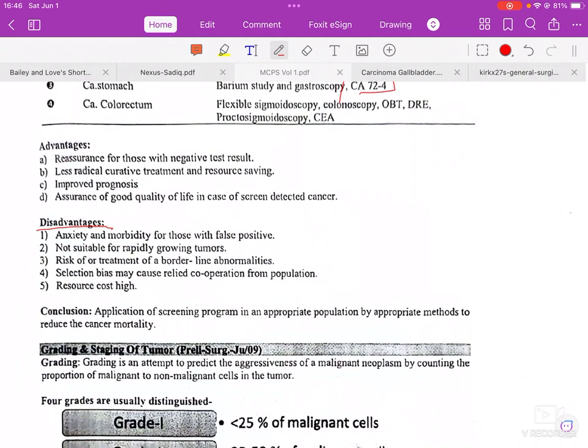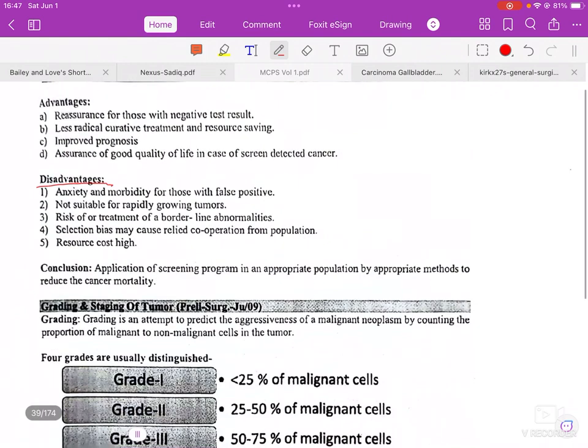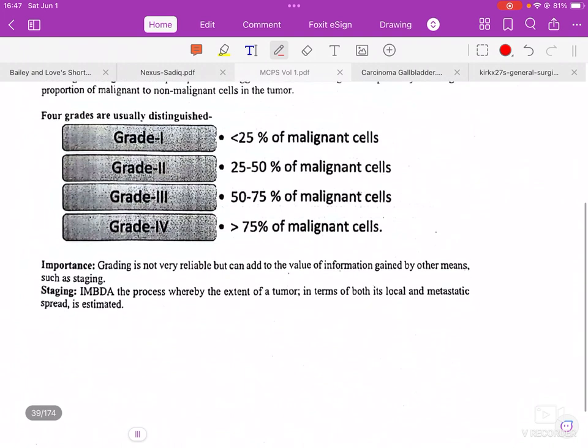Not suitable for rapidly growing tumors, because if a tumor is rapidly growing, when we screen for cancer, we may find that the cancer is already in an advanced stage. Risk of treatment of borderline abnormalities. Selection bias may cause reliance on cooperation from the population. Resource cost is high. So the conclusion is the application of the screening program in an appropriate population by an appropriate method to reduce cancer mortality.